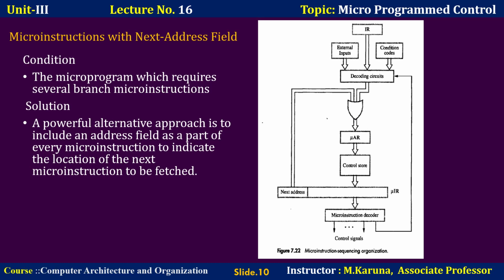This is the micro address register, which contains the address. The instruction code available at that address will be loaded into the micro instruction register. Then according to that instruction, control signals are generated. Like that, all micro instructions are executed in sequential manner by updating the next address.